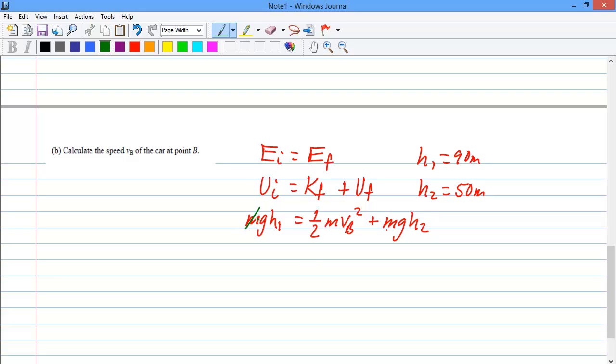Notice again that I can cancel out all the masses. I'm going to take this part and subtract it from both sides, so minus gh2 from both sides. And so I get g times (h1 minus h2) is equal to vB squared over 2.